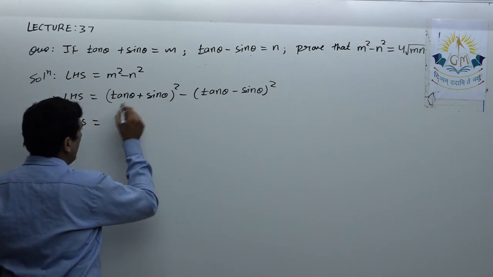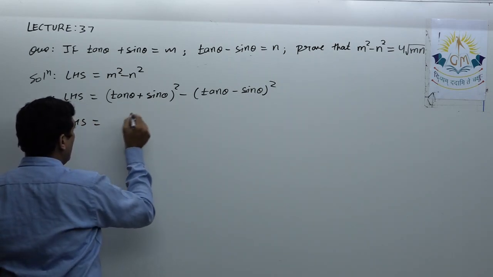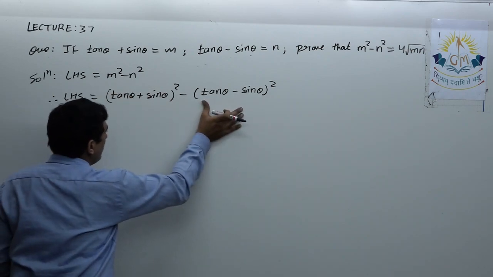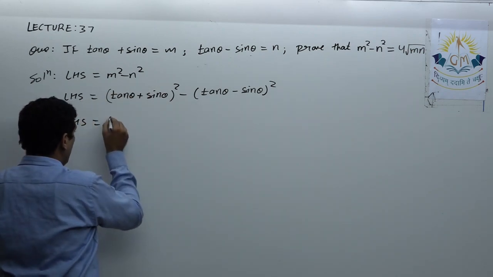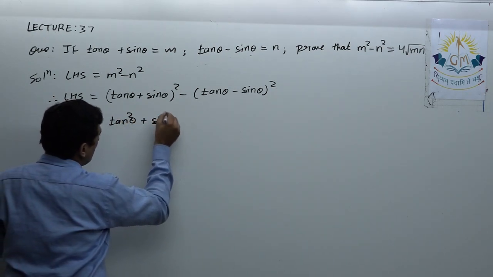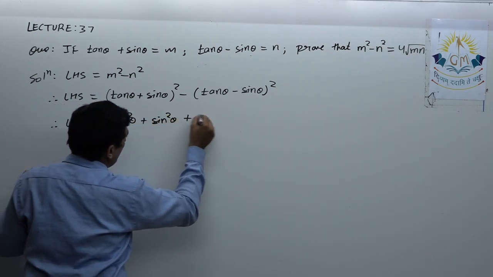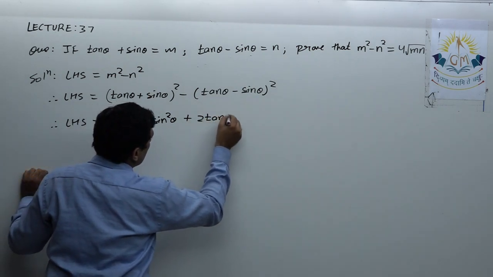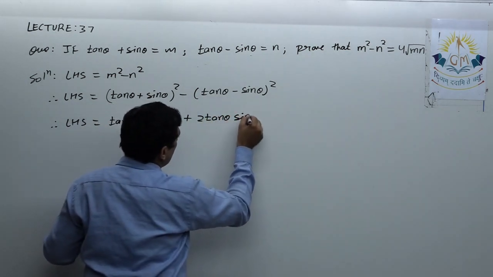So here I am applying the identity of a plus b whole square, as well as a minus b whole square. So here I will get tan square theta plus sin square theta plus 2 tan theta sin theta.